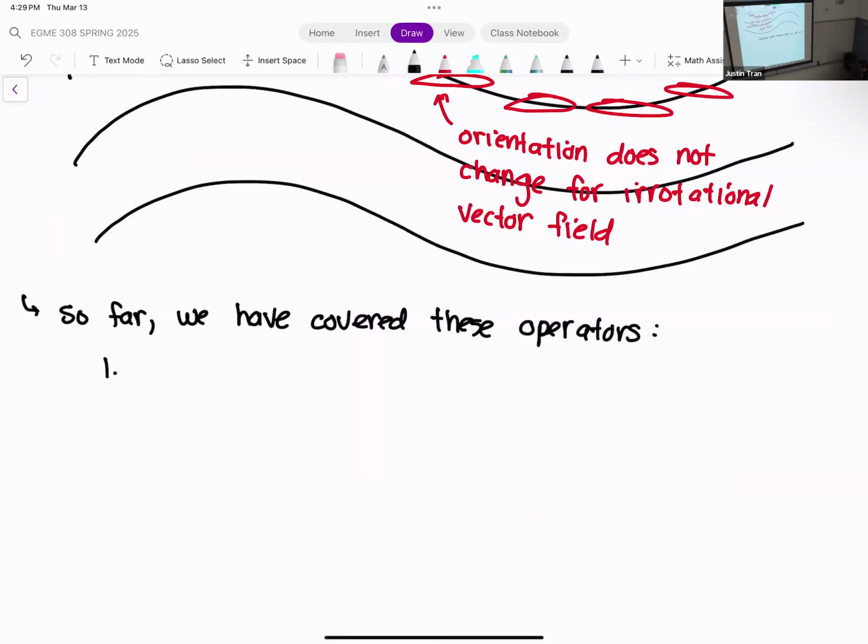We've done the gradient. We've done divergence. And we've done curl, which is what we just did.